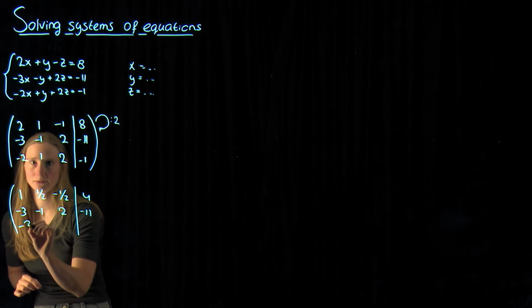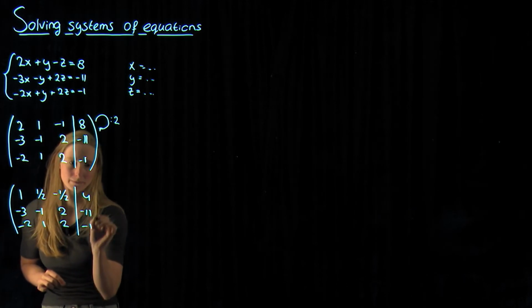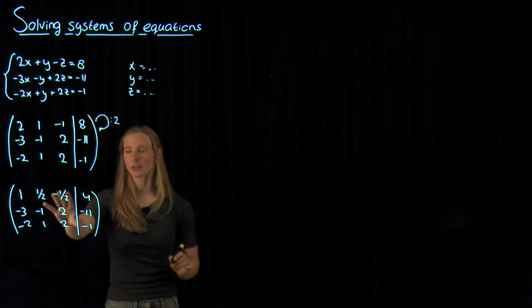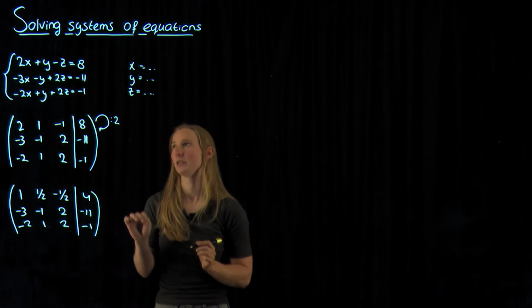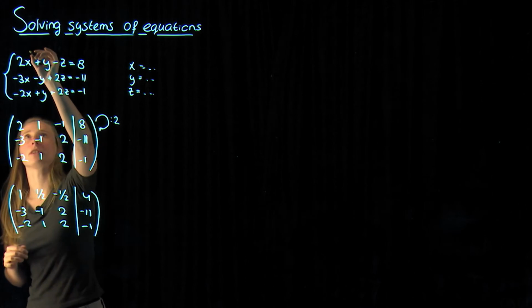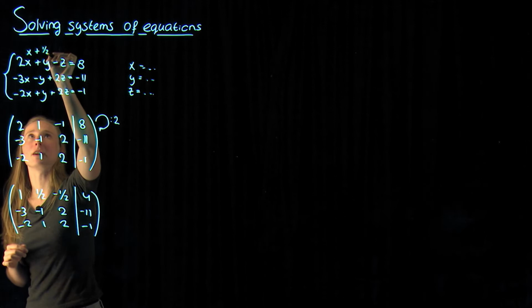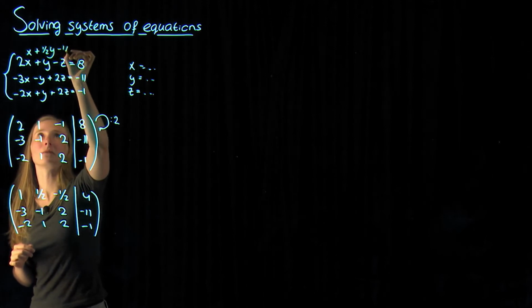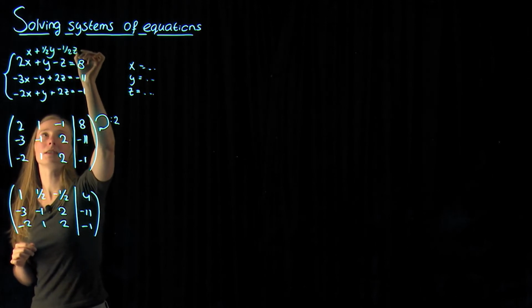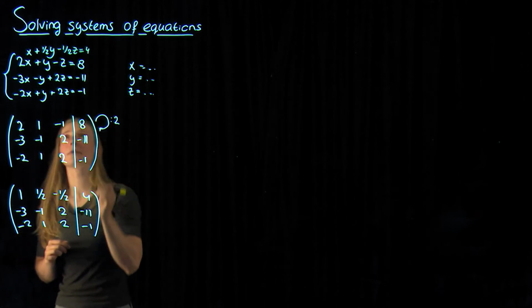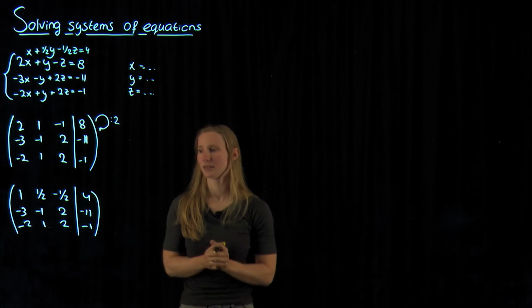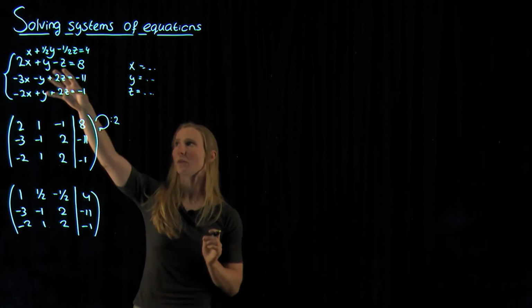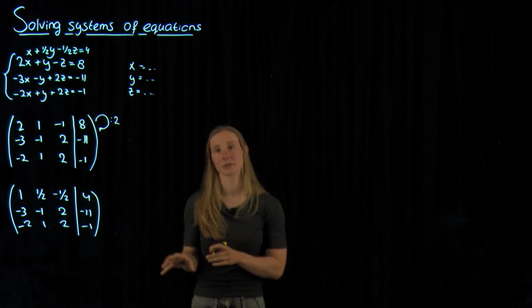This matrix corresponds to dividing the first equation by 2. If we divide this equation by 2, we get x plus 1/2 y minus 1/2 z is equal to 4. So each of the steps we take here also corresponds to some steps with the original equations.